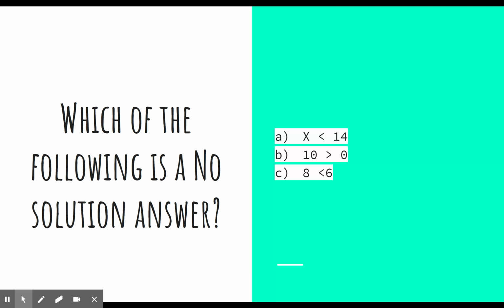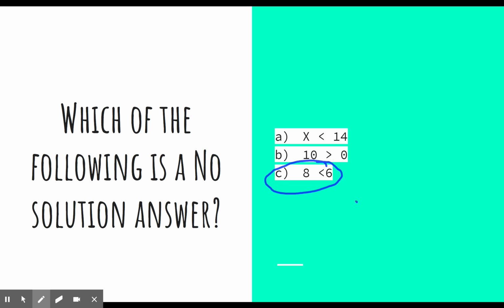Okay, now quiz yourself. Which of the following is a no solution answer? Okay, so C would be the one that is no solution. Why?